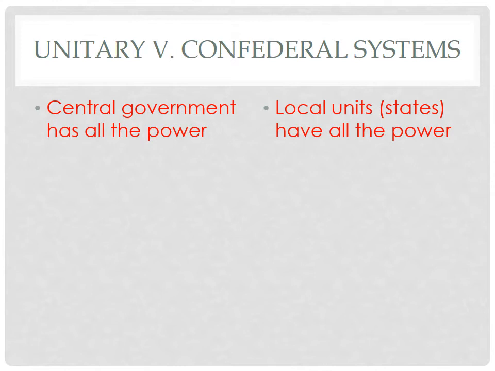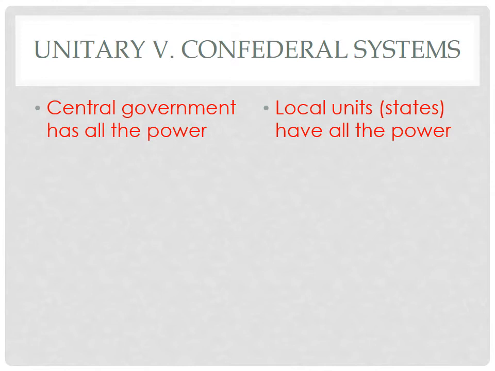So you could imagine, for example, Washington, D.C. running the entire country, and there being no local units of government for you to go to, no state level government, no local governments, but really most things flowing out of the central government, with really just little pieces that they put here and there in the local areas to enforce what the central government wants.